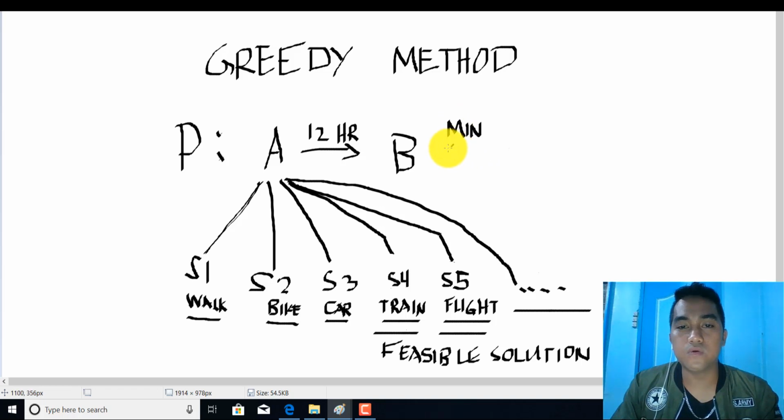So which of the feasible solutions apply for this other constraint? I can travel by train. That is the minimum cost for traveling from point A to point B within 12 hours. So this is what you call the optimal solution.